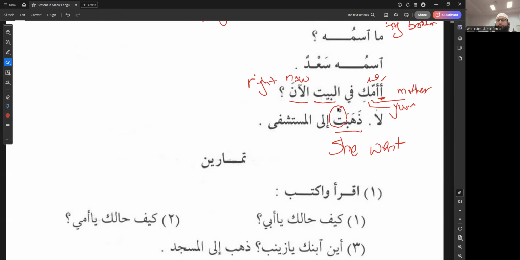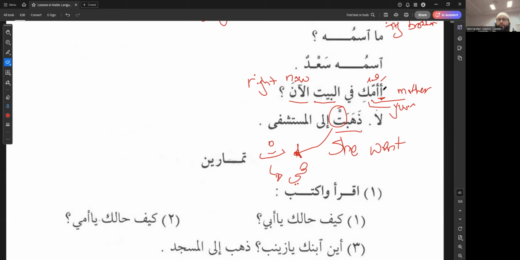This ta, the ta with the sukun on top, is for past tense. She went. Someone said, what does the double alif in the second to last one mean? The first one is a question.